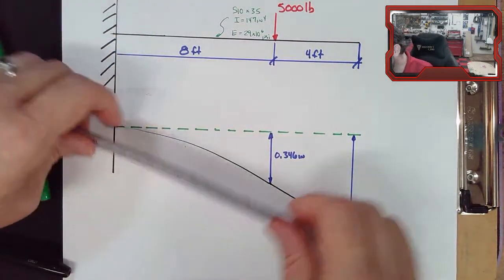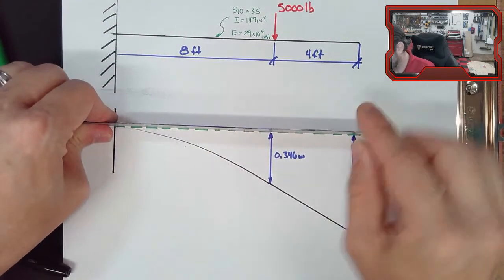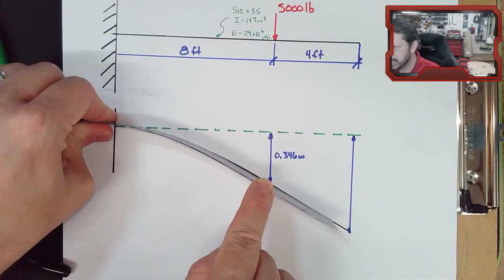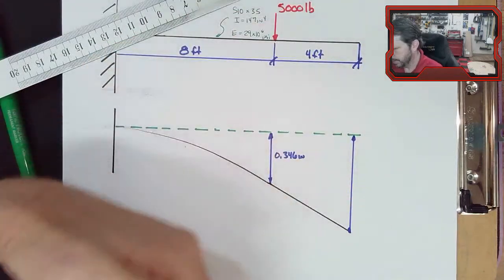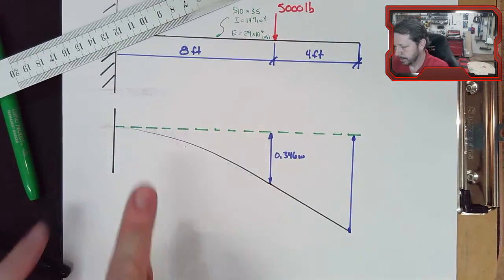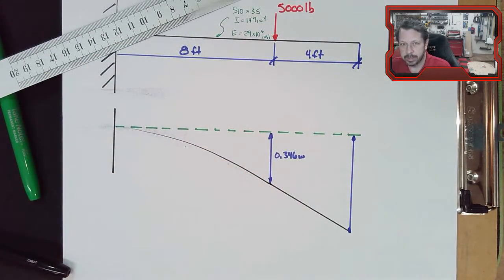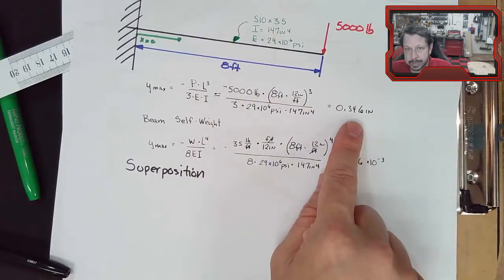But when I take the actual beam and bend it, notice it ends up a good bit shorter than that because it's sweeping through an arc, right? And it's pulling it in as it goes around this curve here.